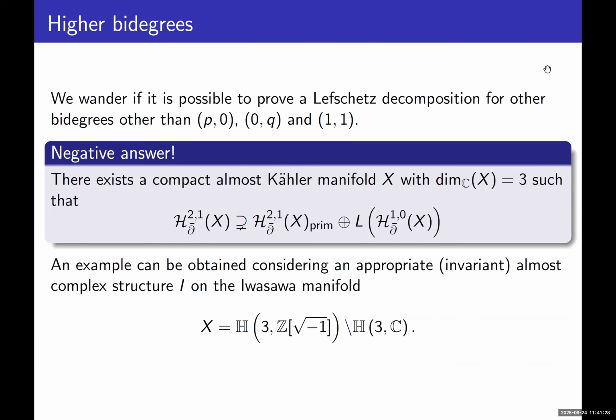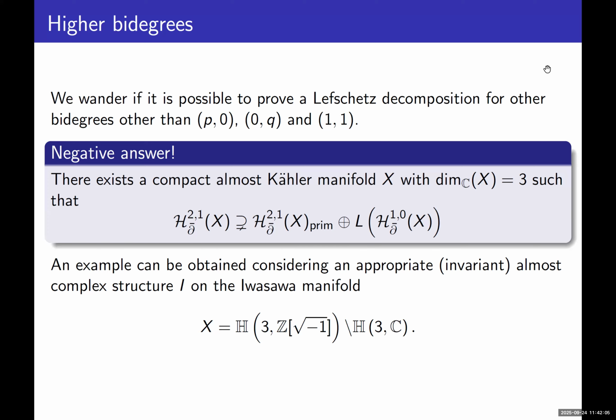Finally, we may ask what happens if we go to other cases and look for primitive decomposition in degrees different from 1,1. So let's move above in the Hodge diamond. In the Hodge diamond, we have now 3,0, which has primitive decomposition as 0,3 because of our first proposition. Then we have 2,1. Now, do we have primitive decomposition for 2,1 harmonic forms?